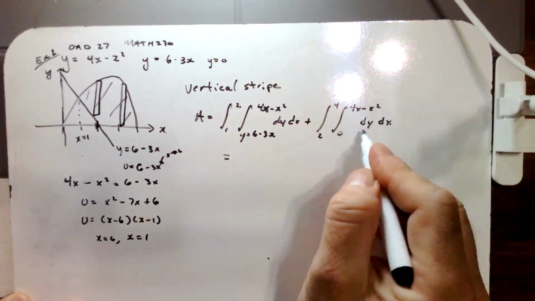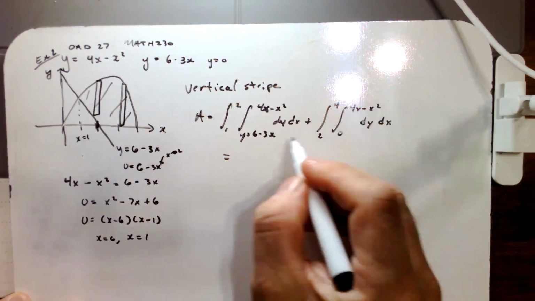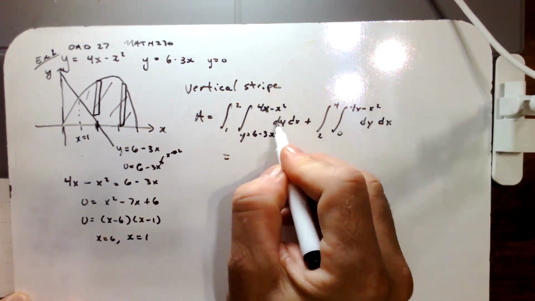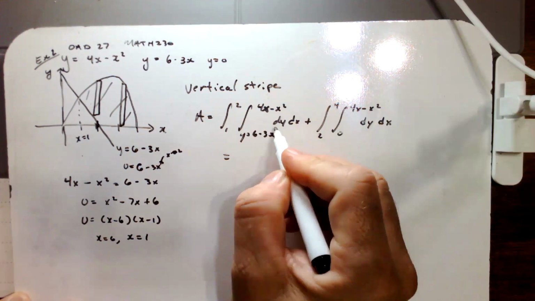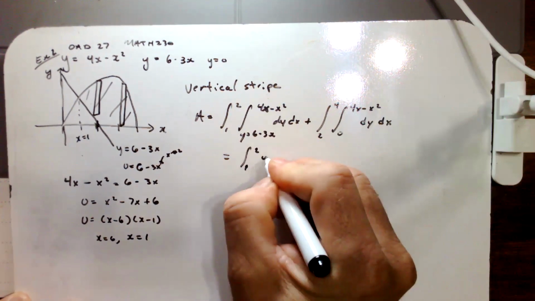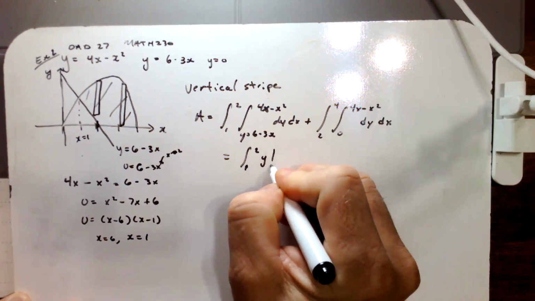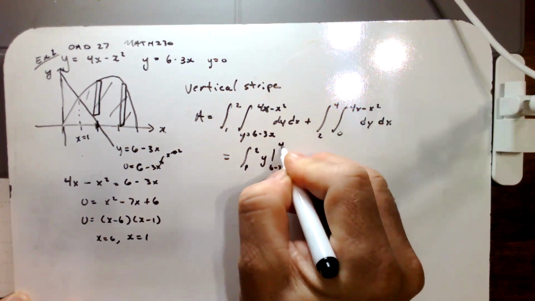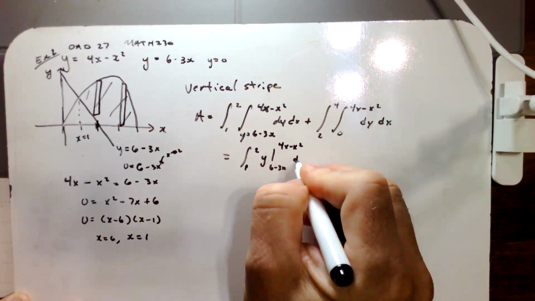Computing the integrals here is pretty straightforward. This is just the integral of dy, so you're going to get y evaluated from 6 minus 3x to 4x minus x squared dx.